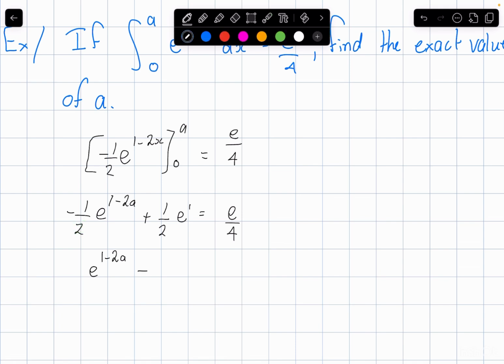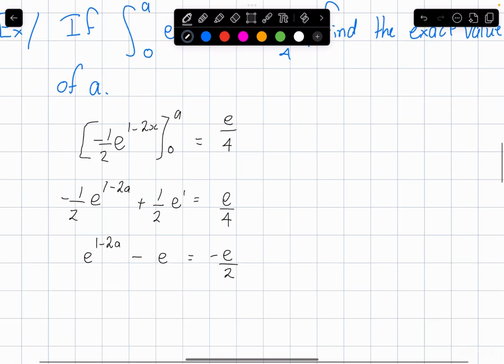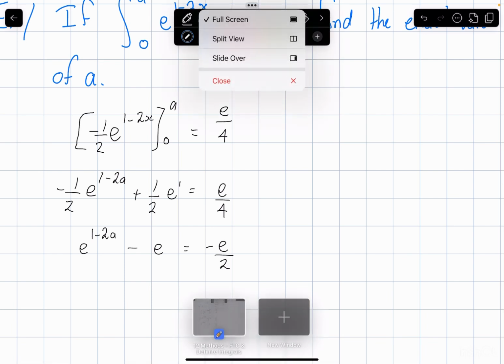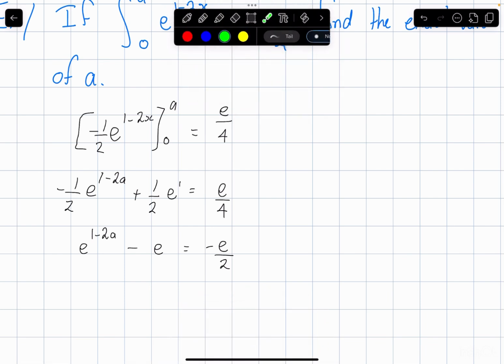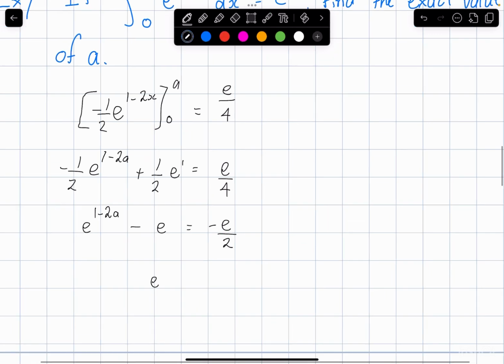So that's going to give me negative e equals negative e on 2. So we've started to simplify it. Now I'm going to add e to both sides. So I've got negative a half e plus 1e is going to give me just a half e. So I've got e to the 1 take 2a equals 1 half e.